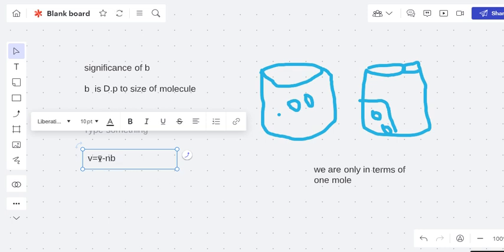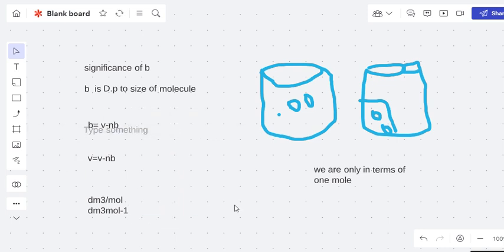So we know the same ratio, and the unit will be dm cube per mole, or we can write it as dm cube mole minus 1. So this is basically the unit of B.